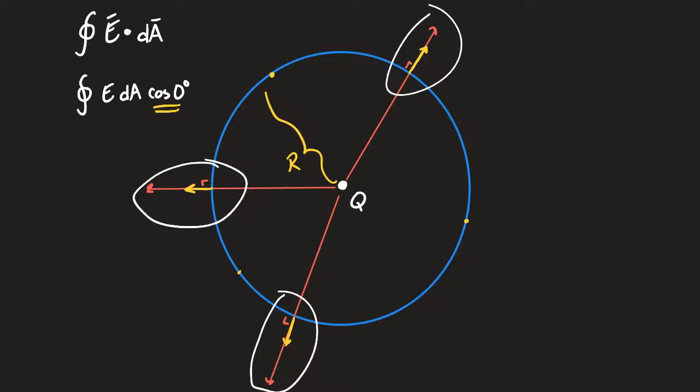Next, the size of the electric field. We know from prior work here that the electric field is based on how far away you are. Would you agree that we are always the same distance away from the charge at every spot on the sphere? That means that our electric field is probably the same size everywhere, which makes it a constant.